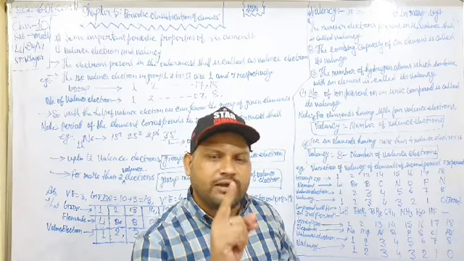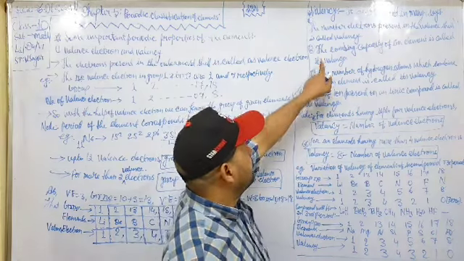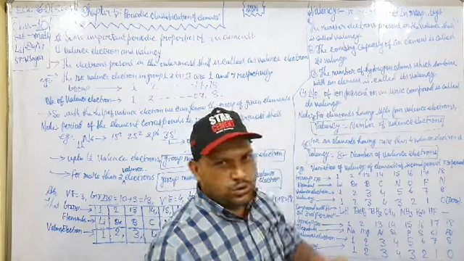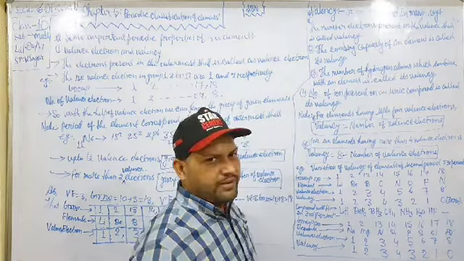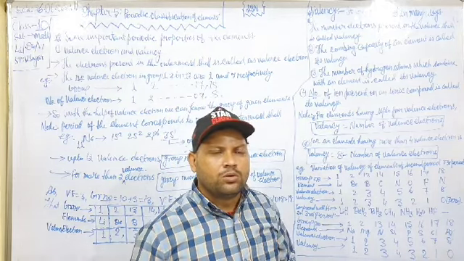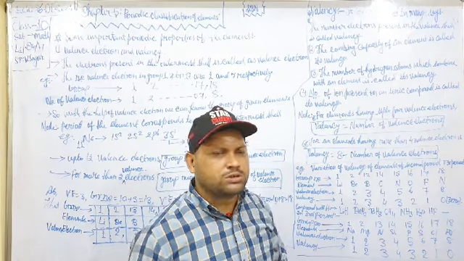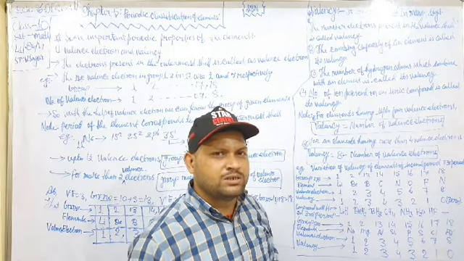Only 1 electron. That's why the valency of chlorine is 1. So the combining capacity of an element is also called its valency. Always remember this. If sometimes these definitions also do not hold good, then we have to apply another definition.